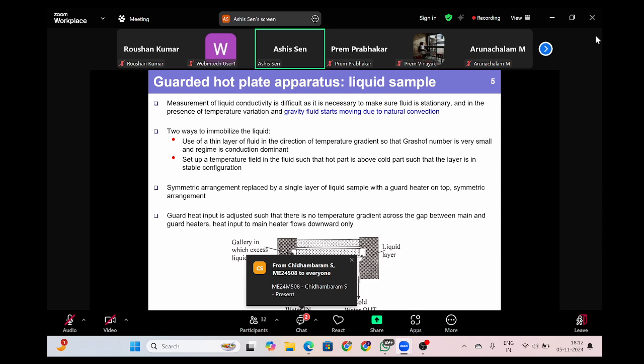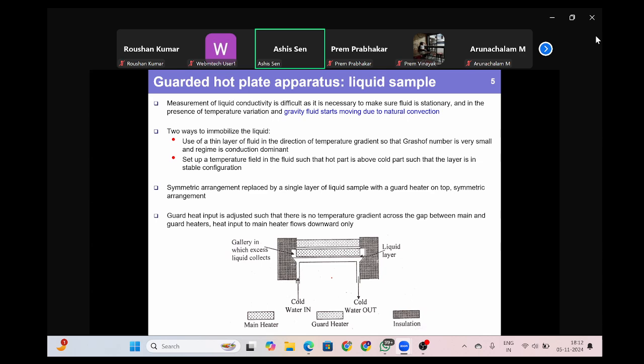Okay, that doesn't happen in case of solid, but in case of liquid or gas, the moment you have a temperature gradient, they start moving. And they start moving because of the gravitational effect, the phenomenon is known as natural convection. So this movement of the fluid will bring in inaccuracy in the measurement.